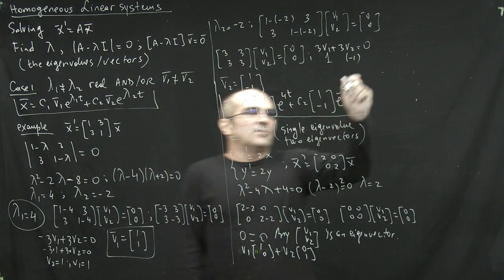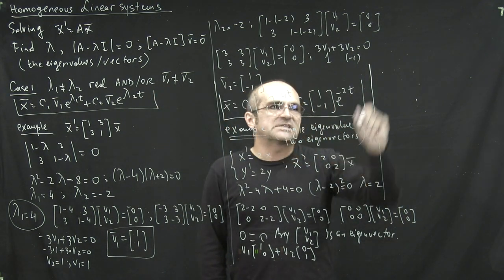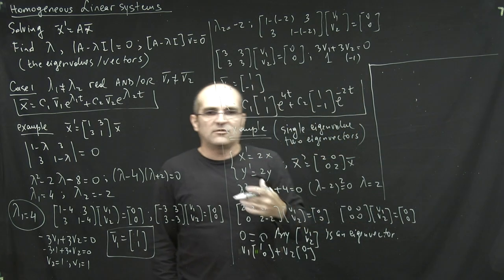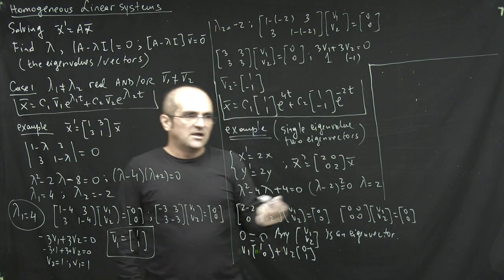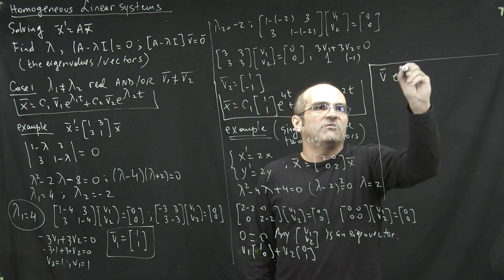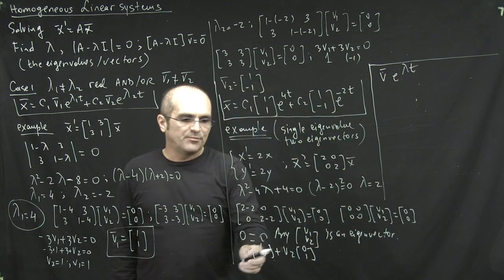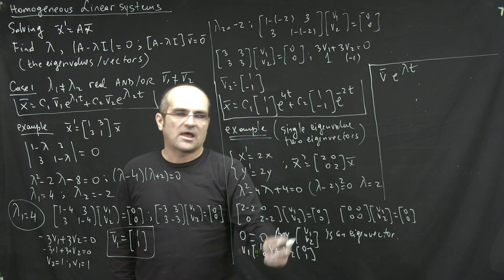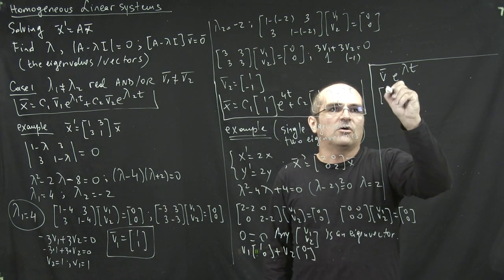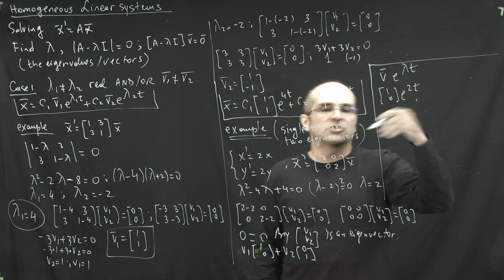So for the purpose of solving my differential system, I still have all I need, because when you look at the solutions of the form v bar e to the lambda t, I can produce 2 independent ones. I can produce (1, 0) e to the 2t, that's one solution.